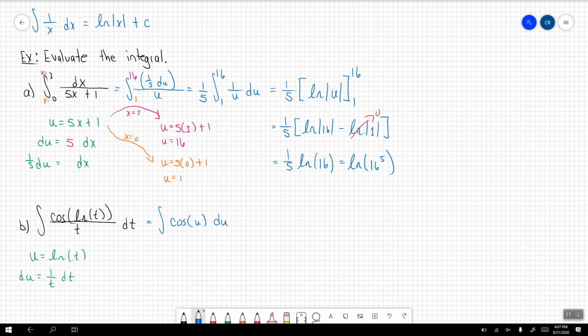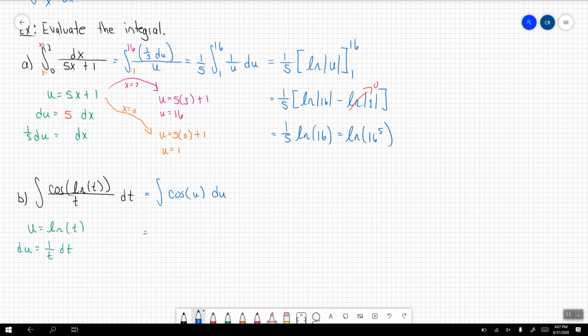Now, what we do here is we just find the antiderivative for cosine. The integral of cosine of u turns out to just be sine of u plus c.